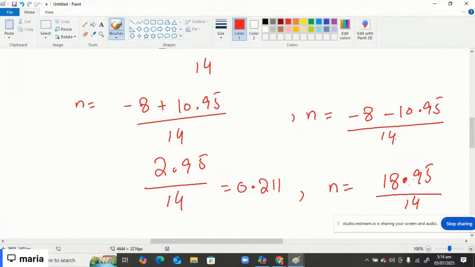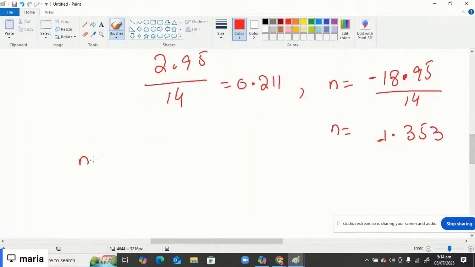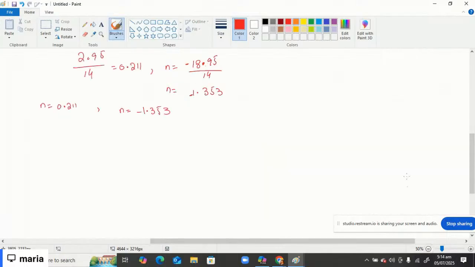You put the sign with the greater number, that is 10.95, and this is a minus sign. Now just divide your answer over the 14. So it's 1.353, but with the negative sign. So what are the two values of n? n is equal to 0.211 and n is equal to minus 1.353. This is the way that we solve it.